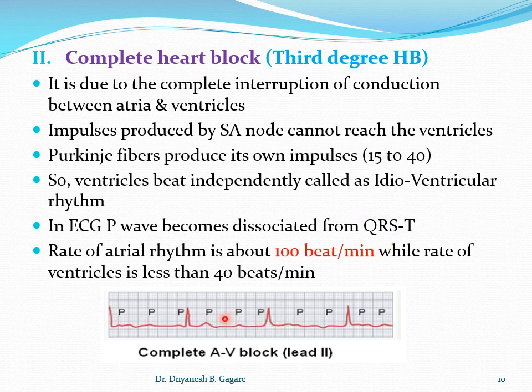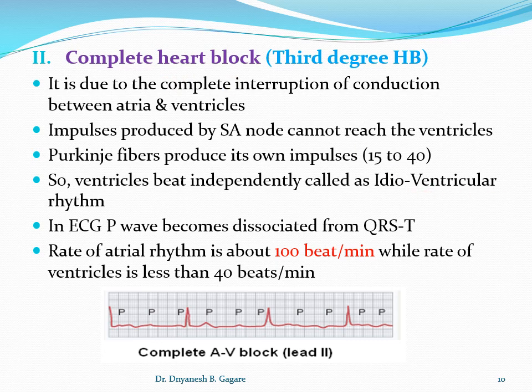The rate of atrial rhythm is about 100 beats per minute, while the rate of the ventricle is less than 40 beats per minute, because there is no connection between atria and ventricle. Atria produce their own impulses, normally produced by the SA node, causing contraction of the atria, and for the ventricle, impulses are produced by the pacemaker, the Purkinje fibers, and the rate of impulses is below 40. This is called the complete heart block.